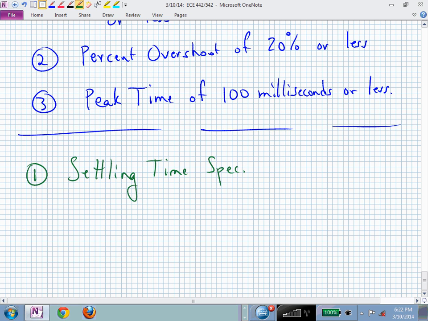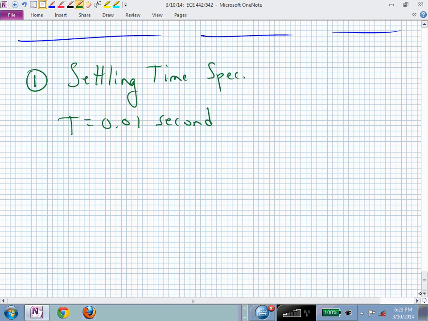When I say settling time spec, you see bullseye. You're right on target. Sorry. So our sample period is 10 milliseconds.